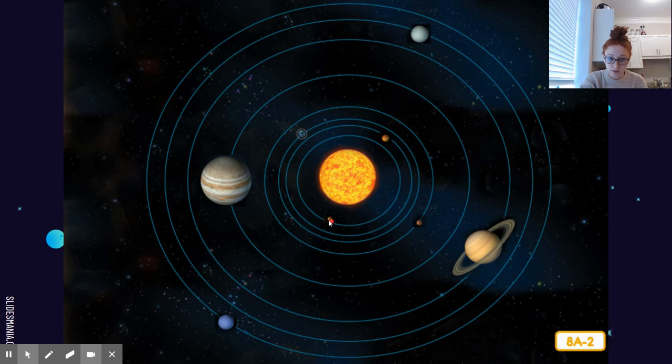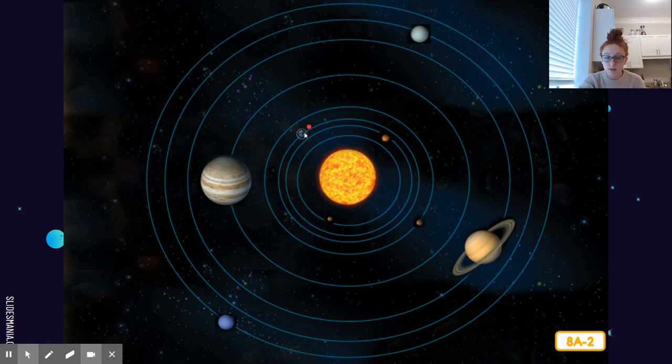So let's look at Mercury. Does Mercury's blue path or orbit meet up with any other planet's orbit? No. What about the second planet, Venus? Does Venus's orbit touch anybody else's orbit? No. What about Earth's orbit?